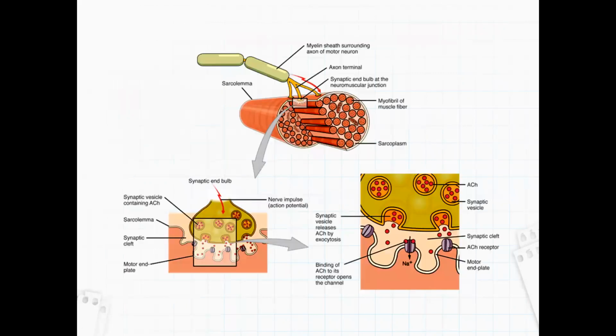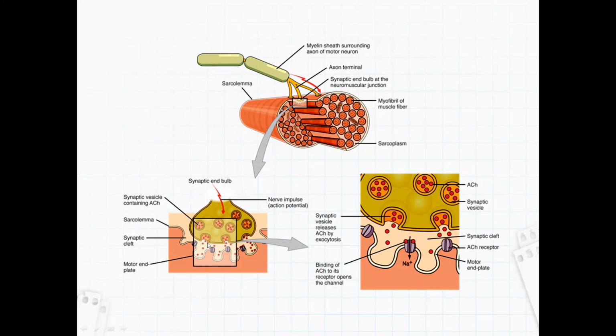Now coming to the main topic, this is the basic physiology of skeletal muscle contraction, very brief. As you can see here, this is a neuron which is supplying this skeletal muscle. What is happening here? This is a junction, the neuromuscular junction.